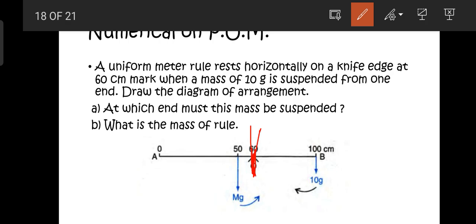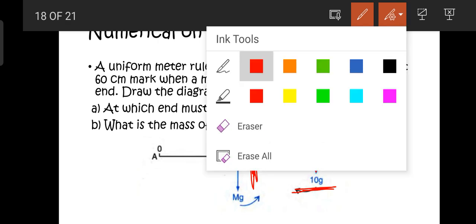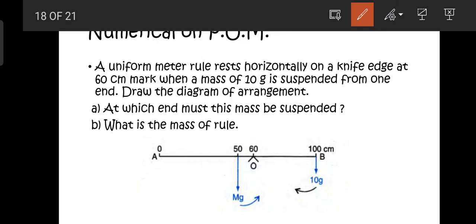When a mass of 100 gram is suspended from one end at 100 centimeter, at which side should the mass be suspended? Draw the diagram of the arrangement.